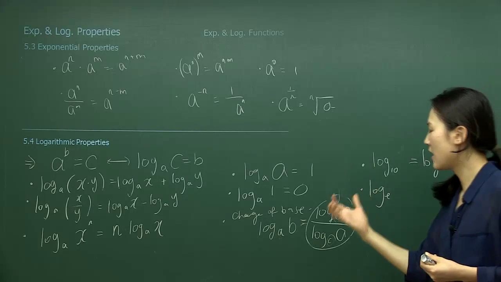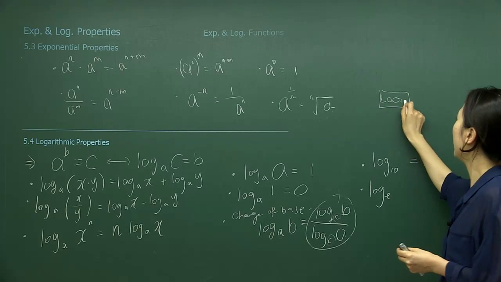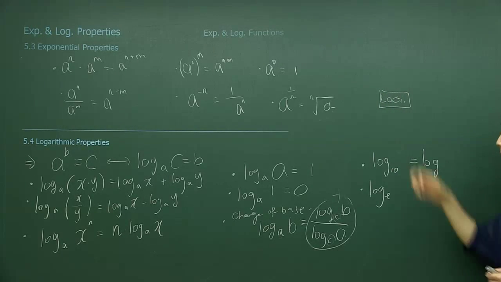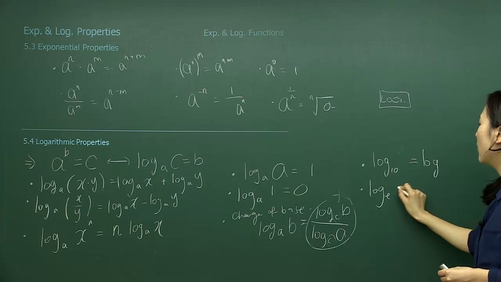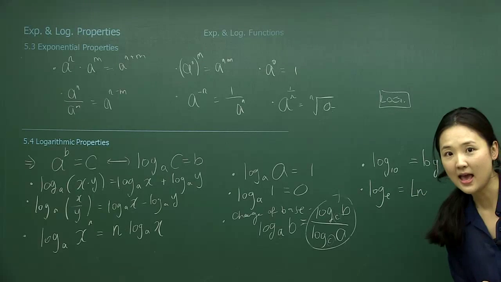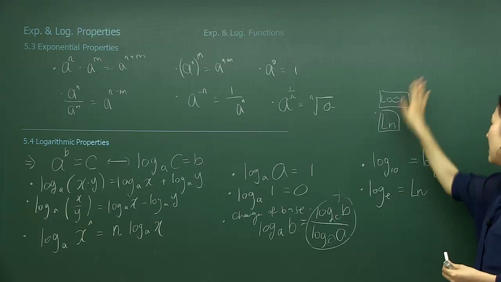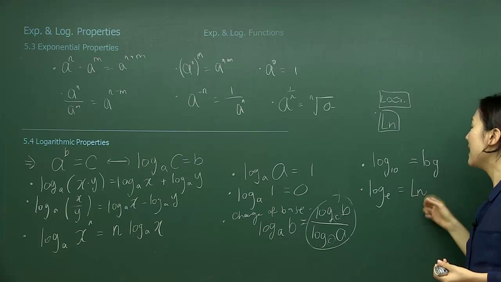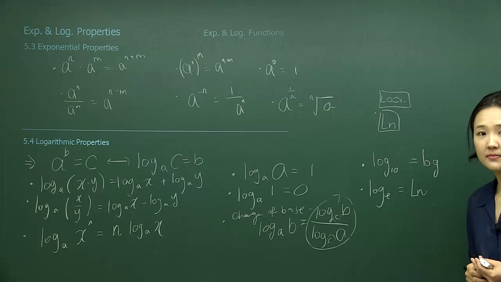If you see your calculator, you will see a button that says log. That basically means that the base of this is 10. Now, for base e, you actually have to write ln. ln is usually right there in your calculator as well. ln means it is log with base e.